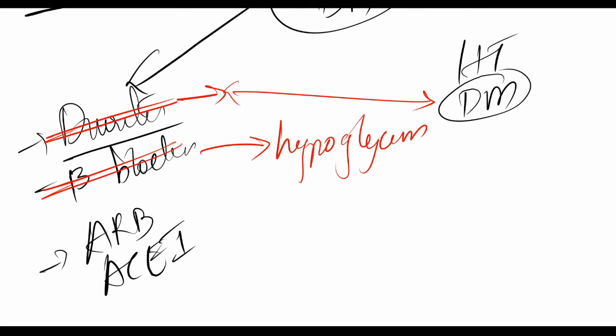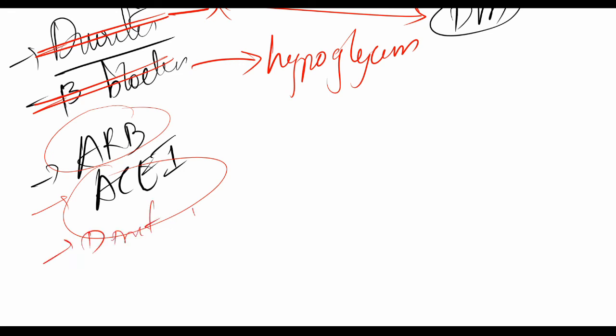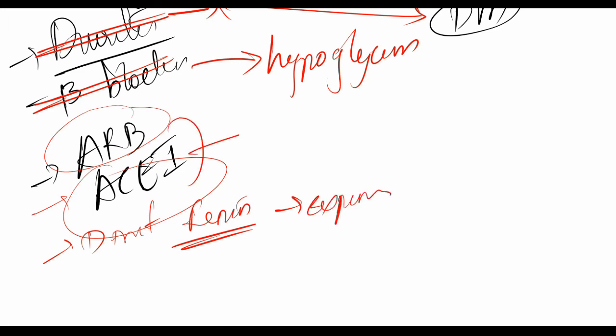So beta blockers and diuretics are cancelled. So it's better to treat them with angiotensin receptor blockers, ACE inhibitors, or direct renin blockers. But direct renin blockers, as they are expensive, it's better to stick with these two. So you can treat them with captopril, enalapril, or losartan and valsartan and all those. So this is a side note.